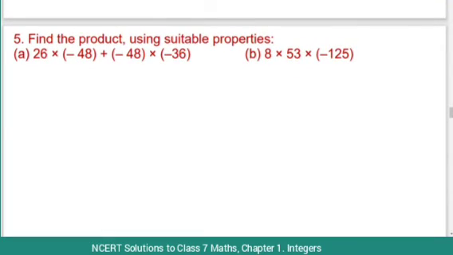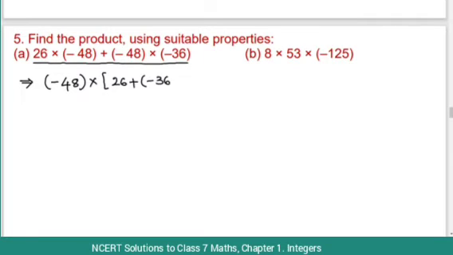Fifth question, find the product using suitable properties. First we will be solving A, 26 into minus 48 plus minus 48 into minus 36. So minus 48 take common into in bracket 26 plus of minus 36.